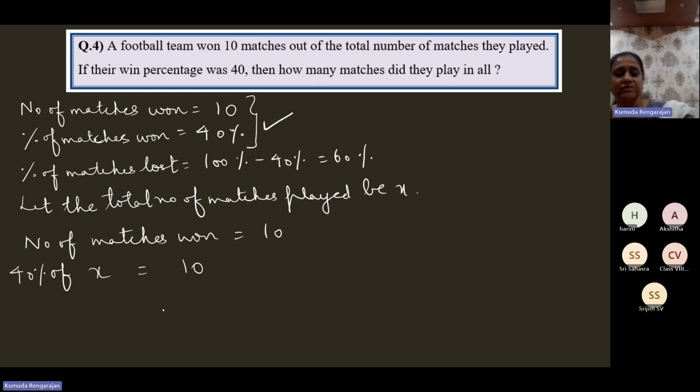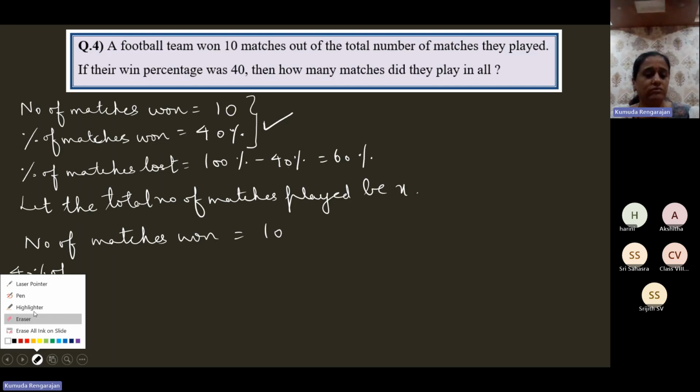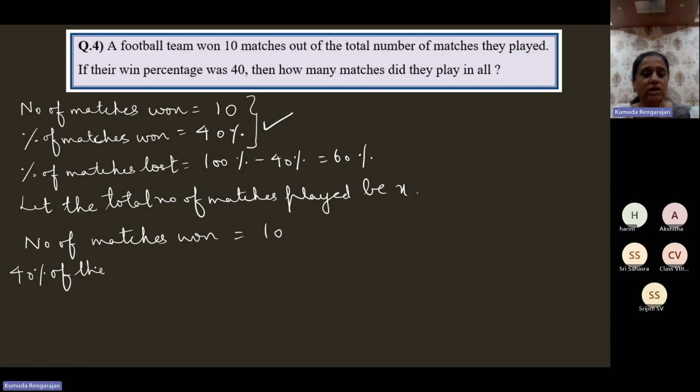Why 40% of X? Because 40% is the percentage of matches won. So 40% of the total number of matches played is equal to 10.